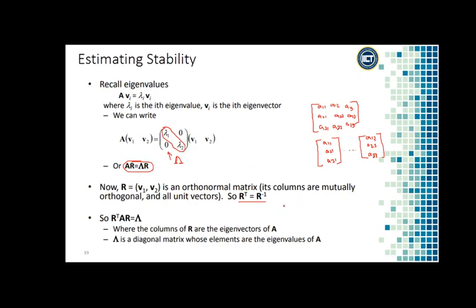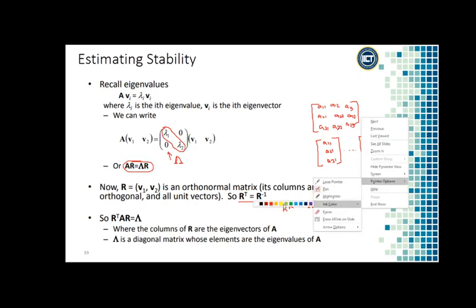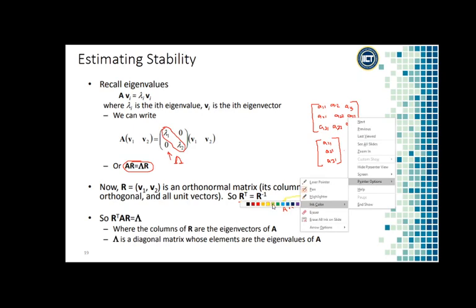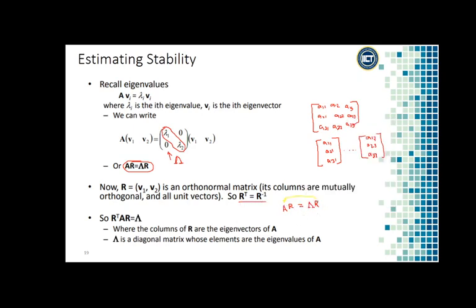Now see, we have AR equal to this R times the eigenvalue matrix. Now if you move this R to the other side, what we get is R inverse A equals the eigenvalue matrix.